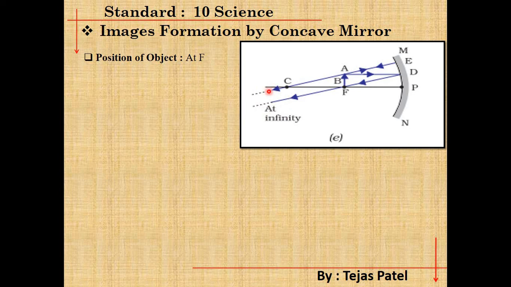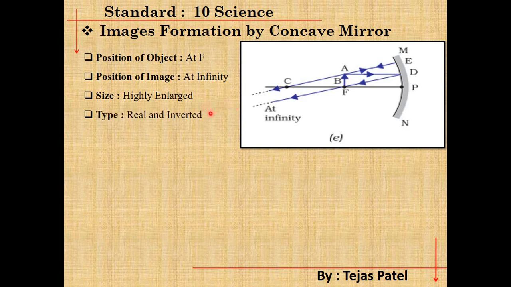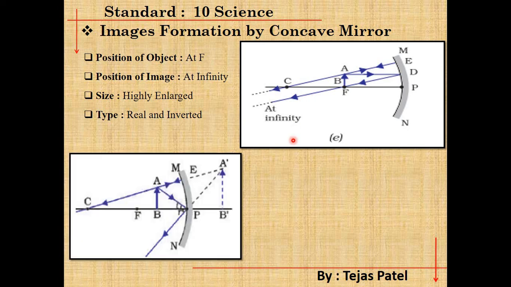So we can say that these 2 rays will be meeting at infinite distance, so the image of point A will be formed at infinite distance. So position of the image will be at infinity. And as you can say that A point is meeting at the infinite distance, so the size of the image will be highly enlarged, and type real and inverted image will be formed.